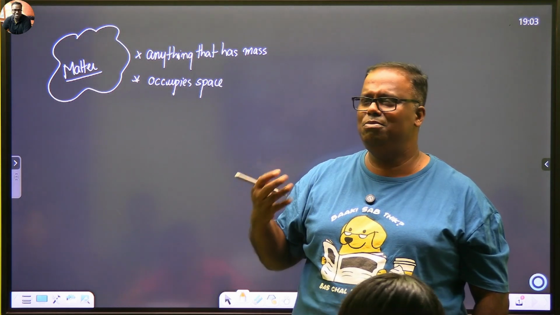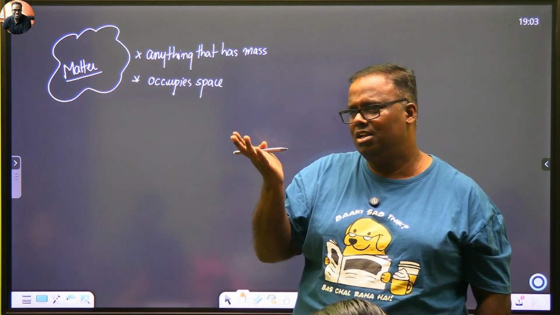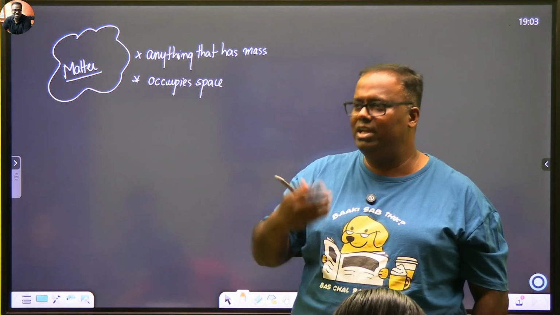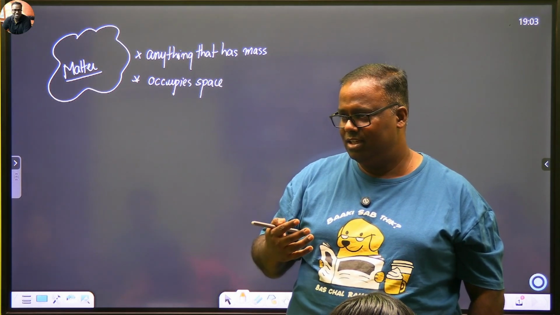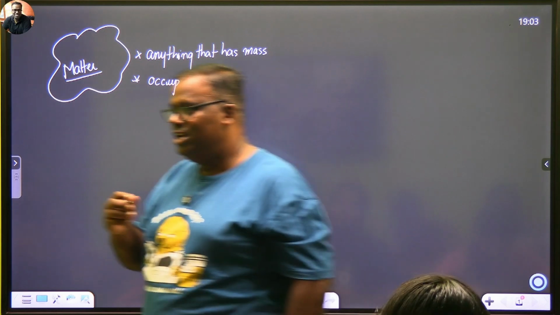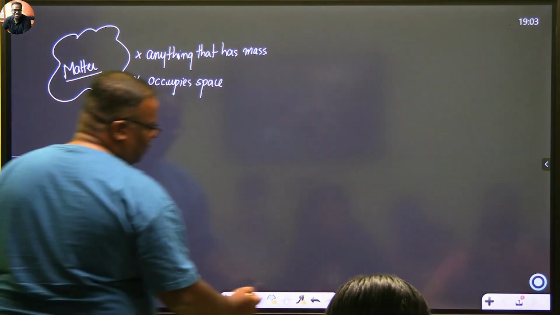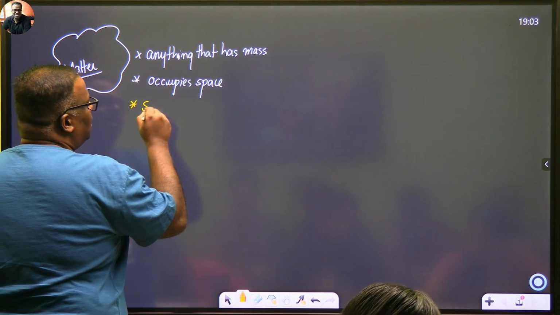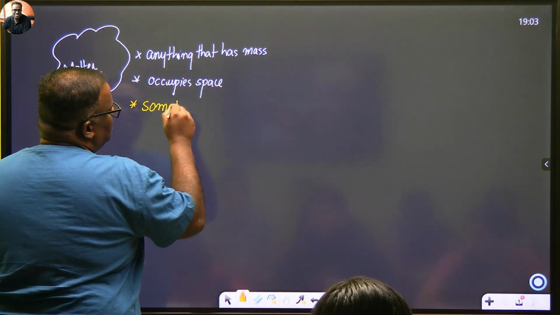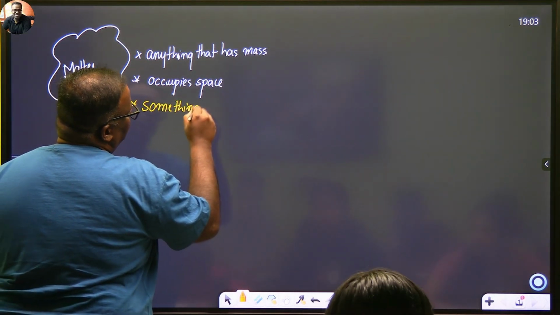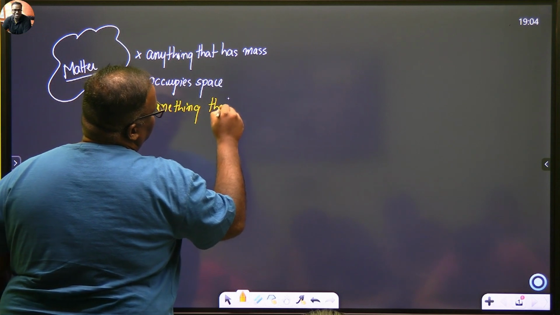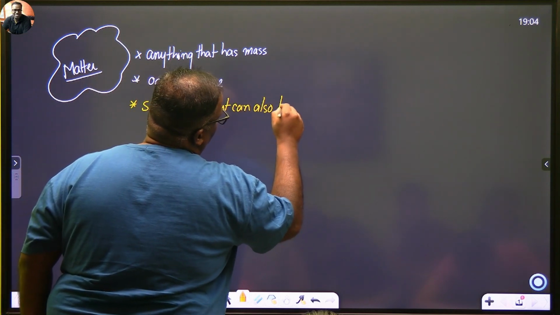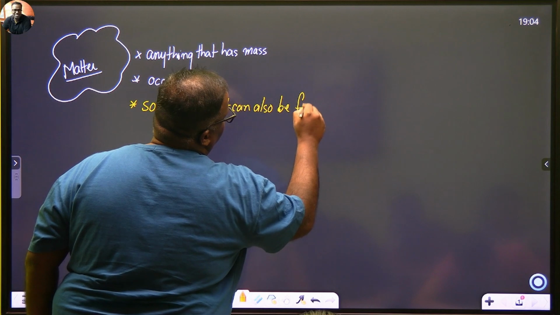When we say matter, we feel it is something that we can see. The beautiful face of Atreya, I can see. Yes or no? But the cruel intentions behind it, I can't see. That is a feeling, that is not matter. So I always say that when you define matter with these two, try to add one more. This way we can define air also: something that can also be felt.